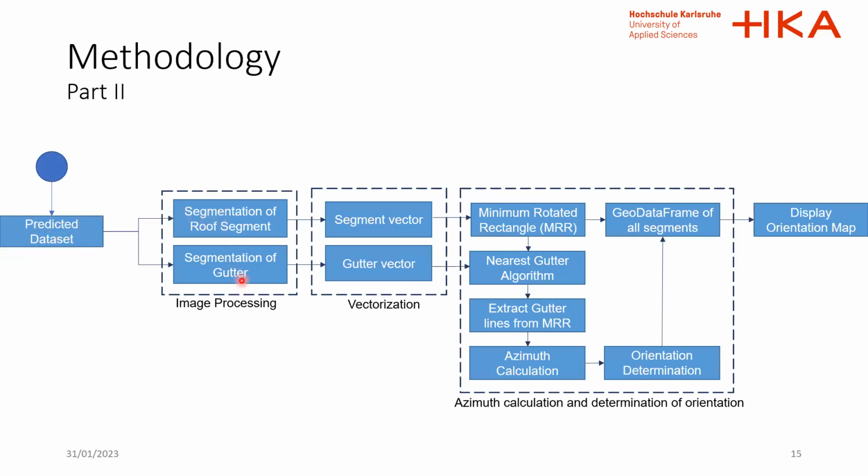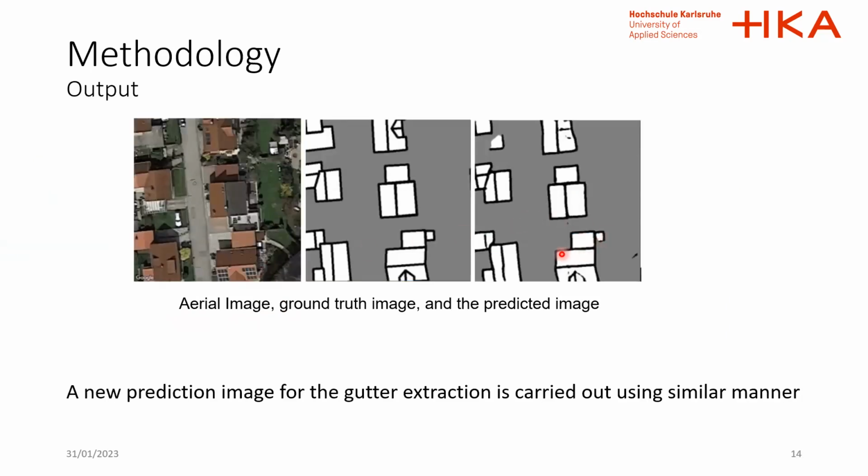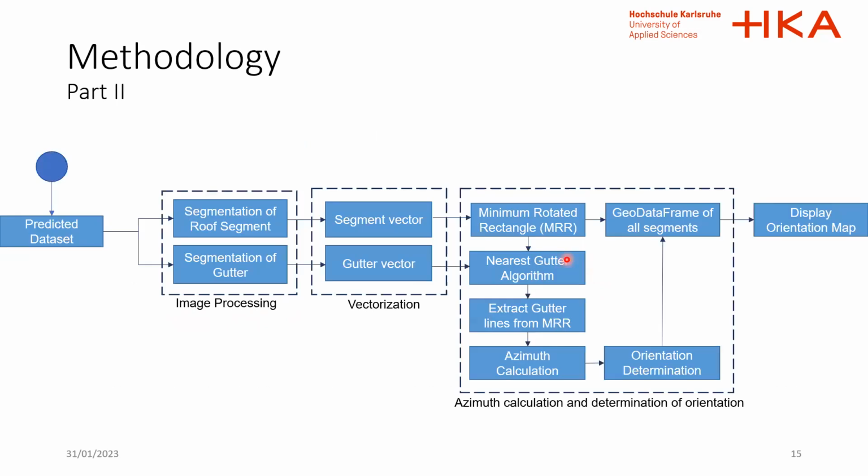After that, we will do the image processing. In image processing, we have the segmentation of the roof segment and the segmentation of the gutter. Roof segmentation means we have segmented out this roof segment, and then we have the segmentation of the gutter. In this part, we have the vectorization.